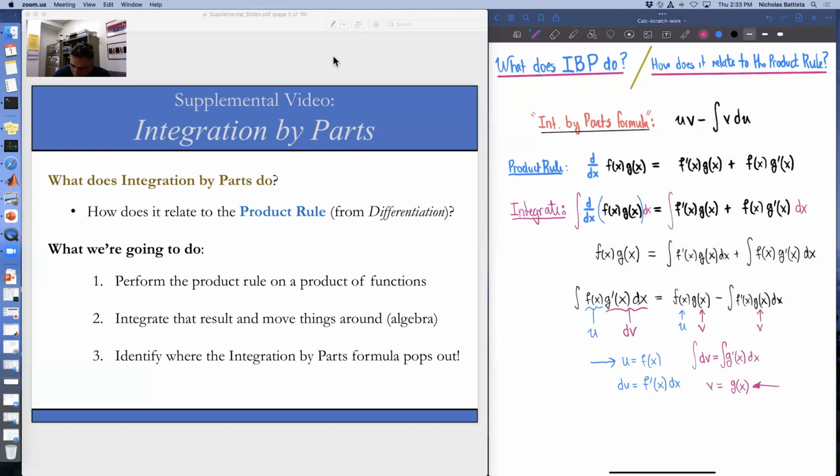And anywhere there's an f prime of x that can be grouped with a dx, we call that du. And if we look at that integral, we have an f prime of x and a dx, that is our du.